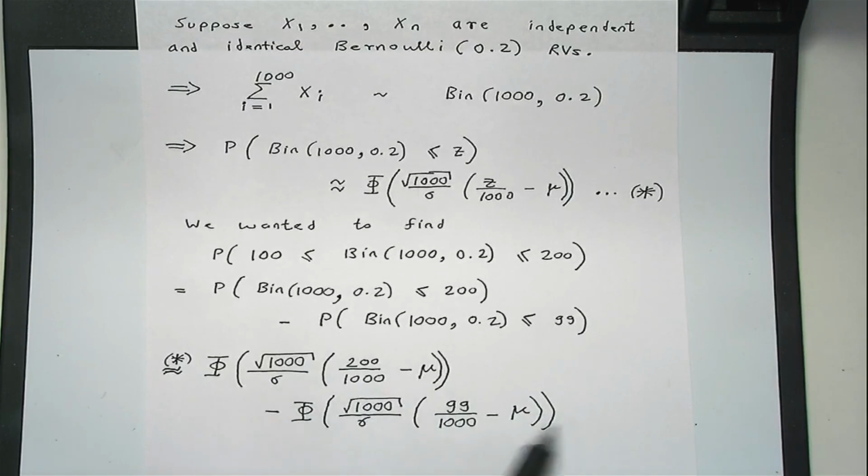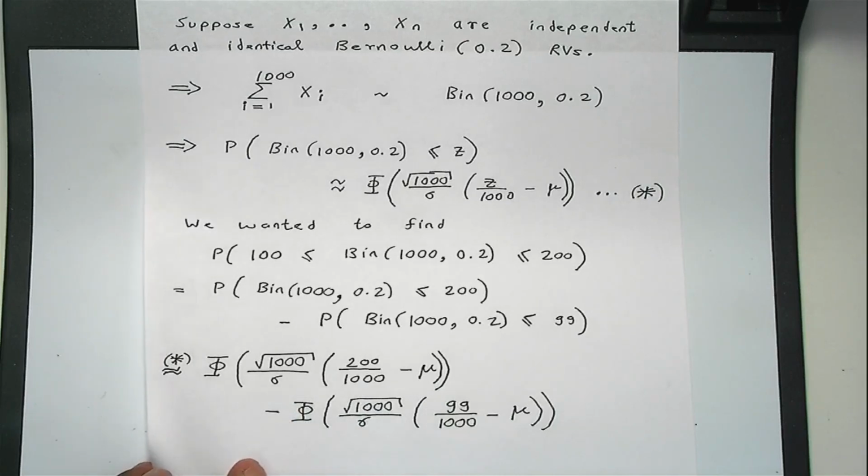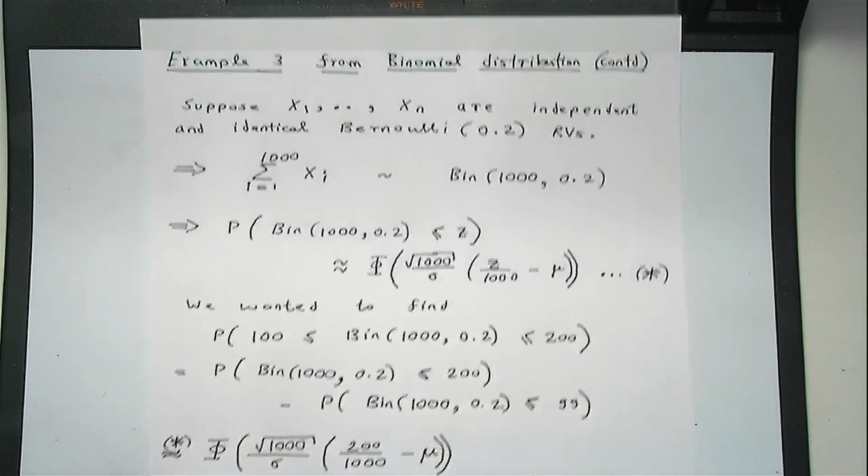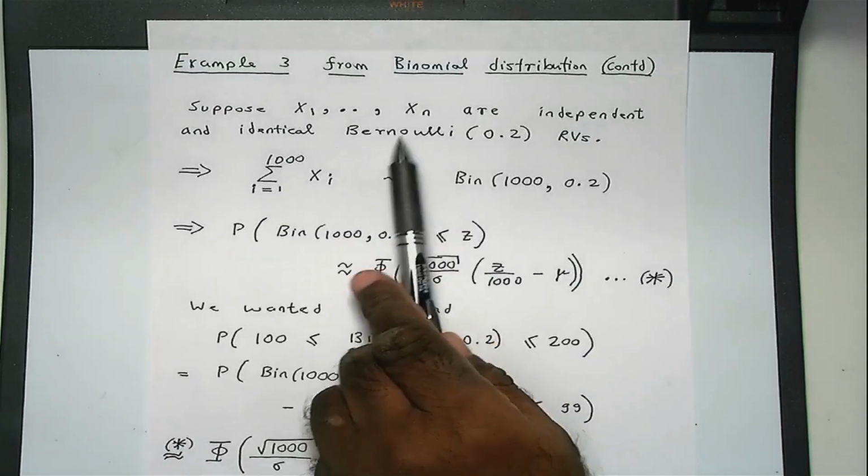Remember, in the central limit theorem, mu is the population mean and sigma is the population standard deviation. Now in this case we are talking about a population that is Bernoulli with parameter equal to 0.2.